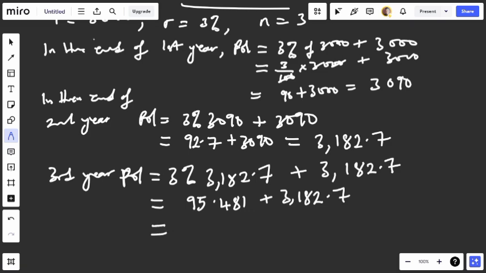If you add these two numbers, you have 3,278.181, which is approximately 3,278, the same answer we got.